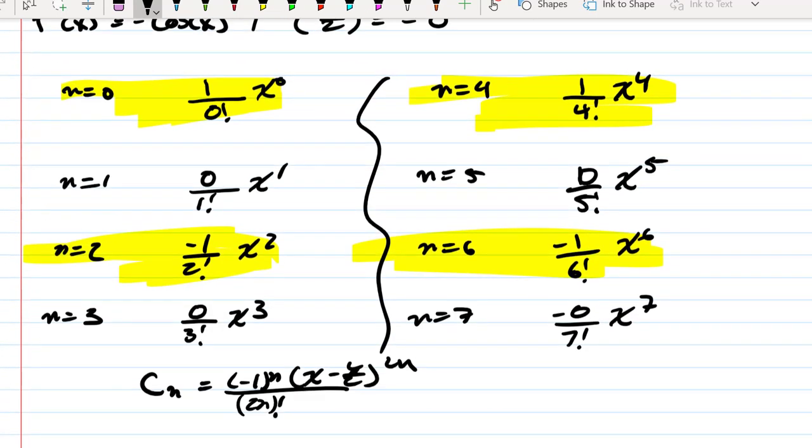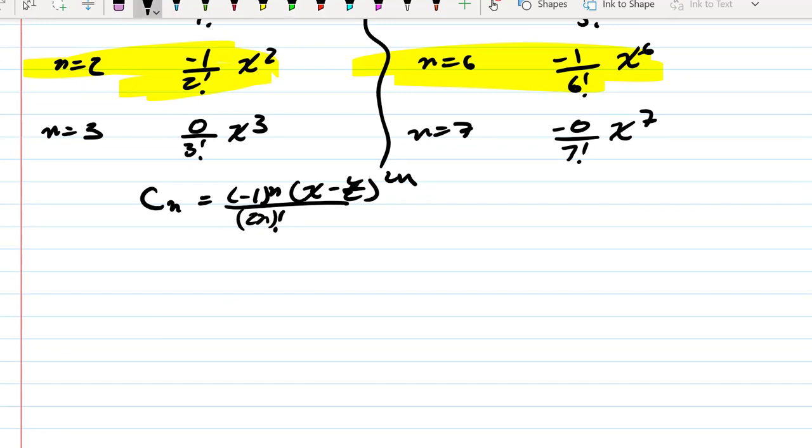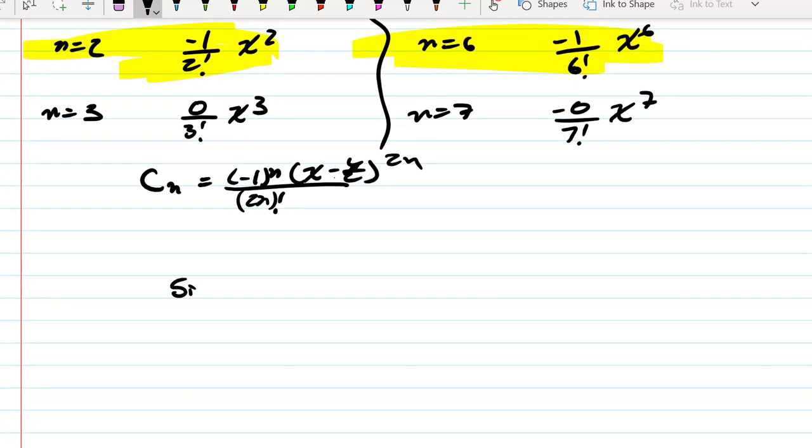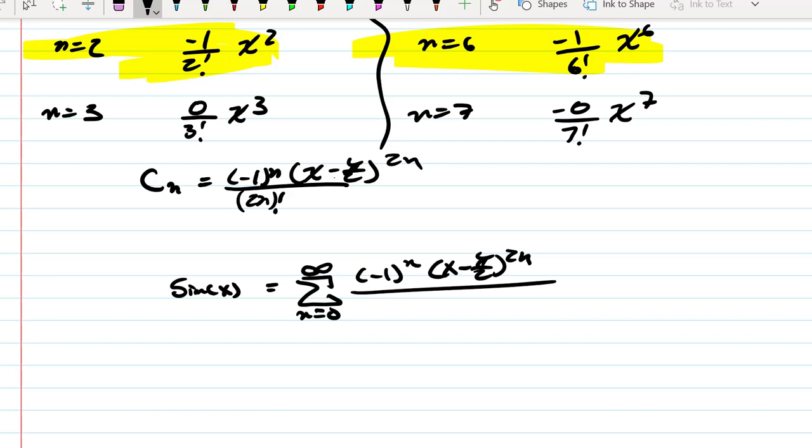I had originally written x, but it should be x minus pi over 2 to the 2n. So sine x would be equal to the sum as n goes from 0 to infinity of negative 1 to the n times x minus pi over 2 to the 2n, all over 2n factorial.